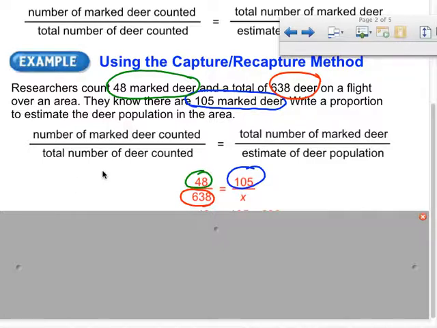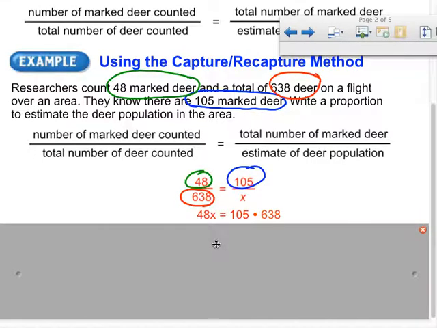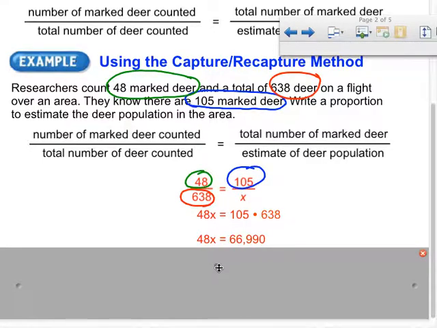Okay, what's the equation going to look like once we do the cross product? Somebody? Yeah, what's 638 times 105? Okay, so everybody understands what we have so far, right?